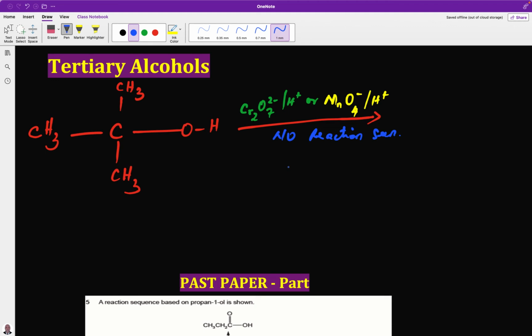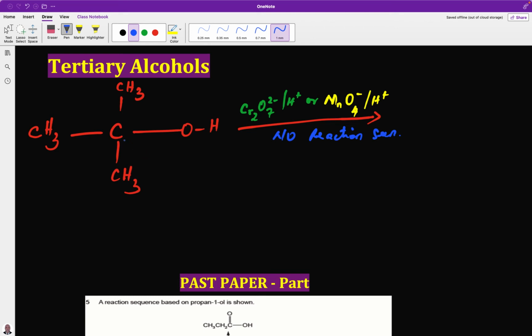Tertiary alcohol will not be oxidized because there is no hydrogen here. No hydrogen attached to the central carbon atom having the functional group. There's no hydrogen, only the alkyl groups. All the hydrogens here have been substituted by the alkyl groups. So in that case, there's no hydrogen here that will be used to remove.